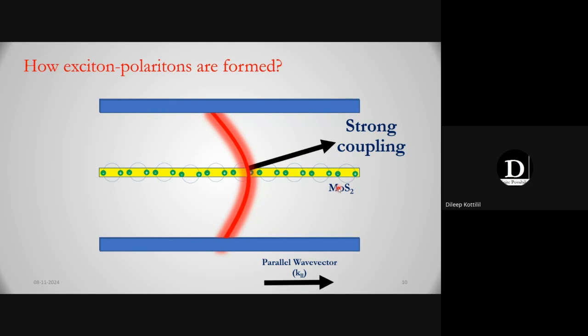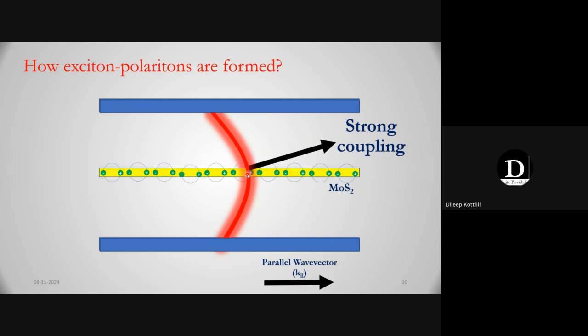Now let me introduce a small parameter called in-plane wave vector here, or you can call it the parallel wave vector. So what happens is that once these polaritons are formed inside this cavity, these polaritons cannot stay within the cavity forever, right? Because every cavity has some leaky effect.